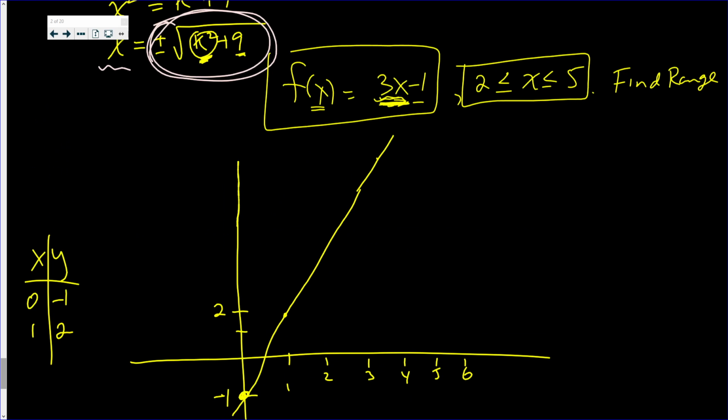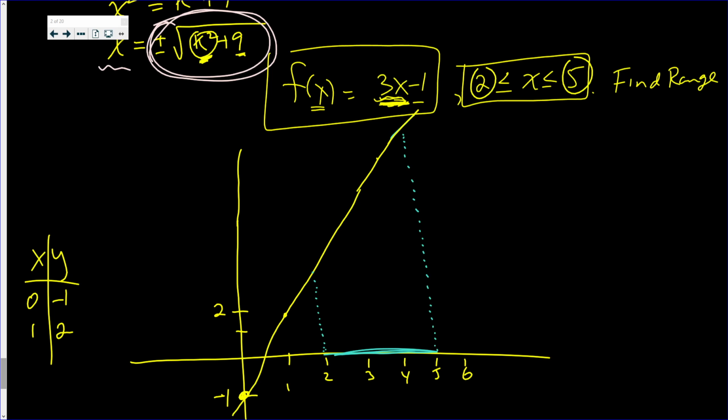So now what we want is, we only want to keep this portion only from 2 to 5. That is, we only want to keep this portion of the graph. Now, I guess you really do need to plot those points.